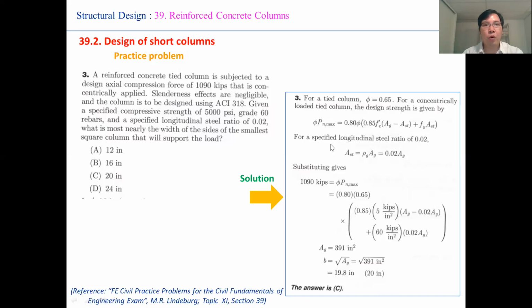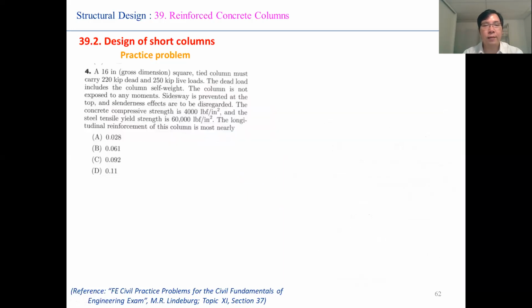So now we can pass to the next practice problem. In this problem, they give you a 16-inch square tie column, and this column must carry 220 kip dead and 215 kip live load.